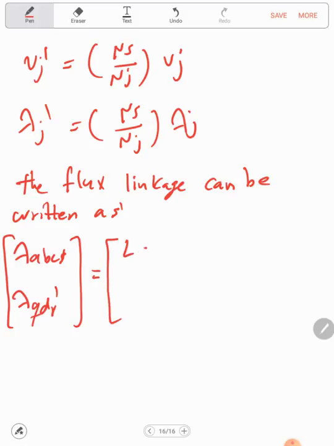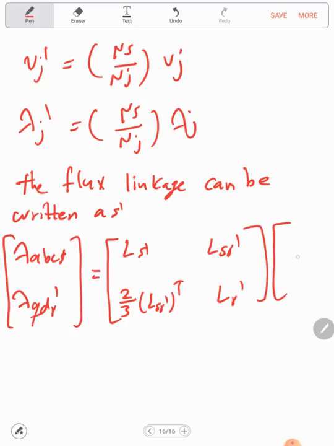So this will be the LS here, this will be the LSR dash, this will be the 2/3 LSR dash transpose, and this will be the LR dash, and here we have the IABCS, and here we have the IQDR dash.